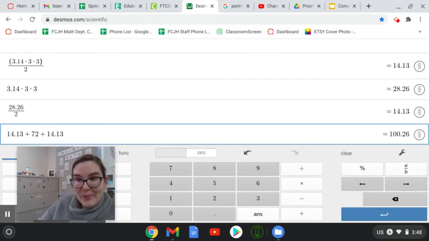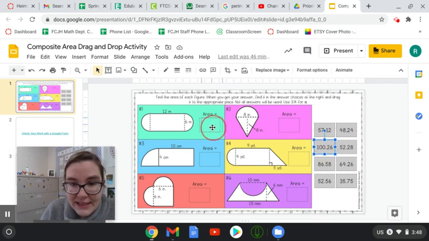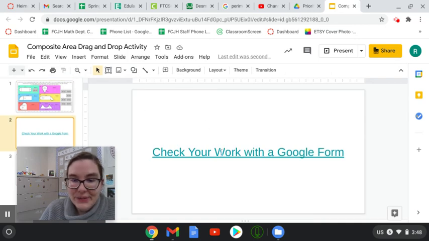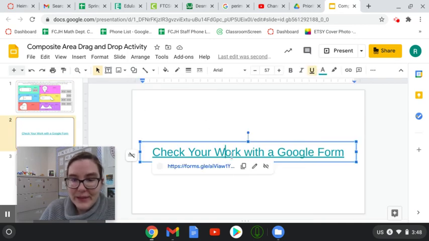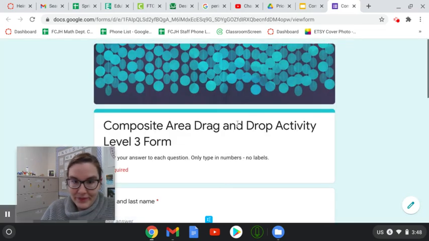Let me go right back over here to my Google Slides, and I think I've got it. There's a way to check my work. If I go to slide 2, it says check your work with a Google form. I can click here and it's going to open it in a Google form.